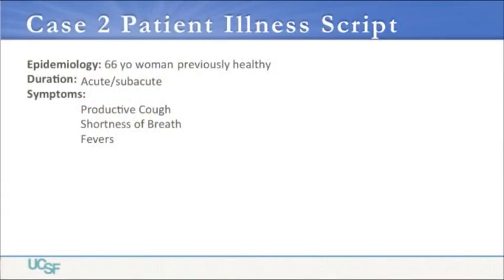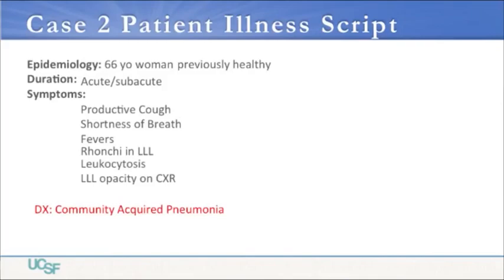She comes in with acute or subacute productive cough, shortness of breath, and fevers. You did your exam, and that showed rhonchi in the left lower lobe. You ordered a chest x-ray, and that showed consolidation in the left lower lobe, and you made your diagnosis off of that, okay? This actually doesn't look, again, too different from what happened with the broken wrist. But then things changed.